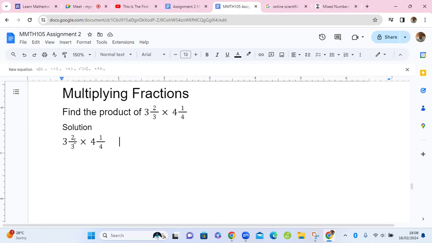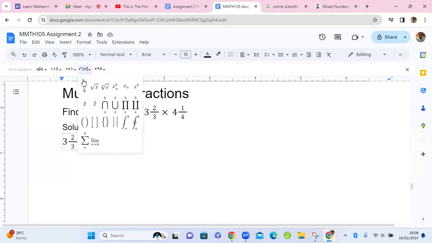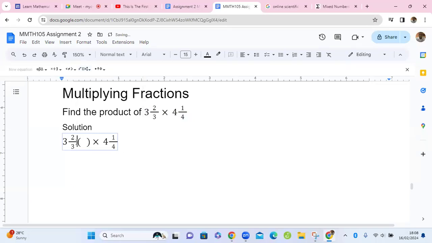Okay, it will be like 3. We have to put both of them in brackets. That's 3 2/3 in a bracket times 4 1/4 in a bracket.